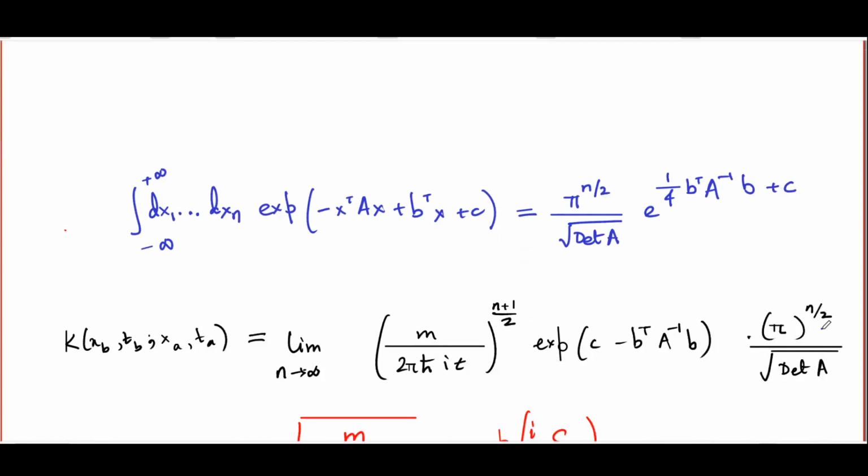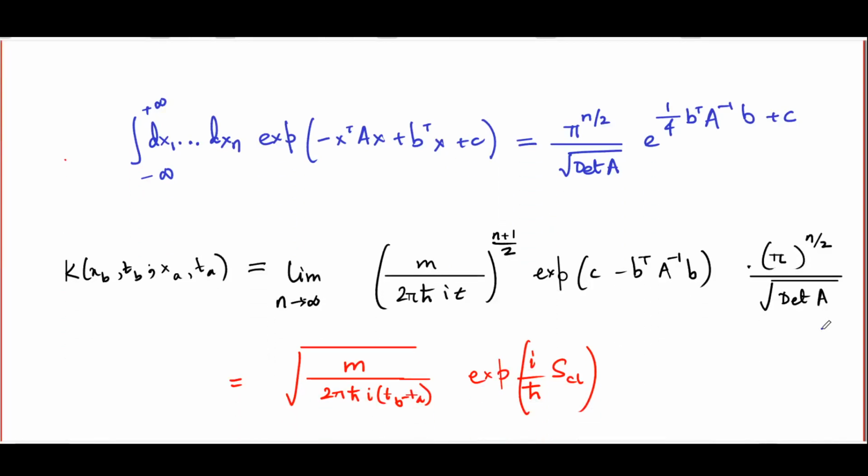But using that, basically our propagator for the free particle works out to be this particular expression, m by 2 pi h cross I epsilon to the power n plus 1 by 2. That's the factor that was there outside. Then you will have an exponential of c plus 1/4 b transpose A inverse b.